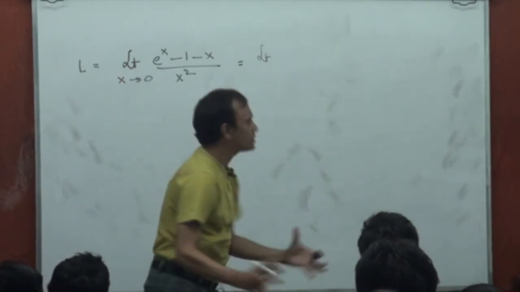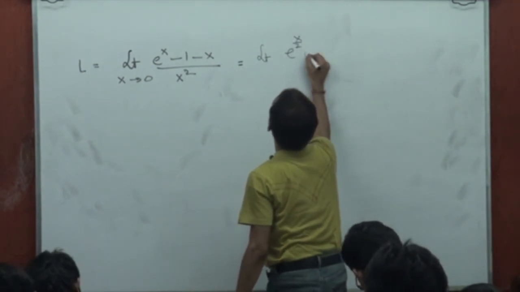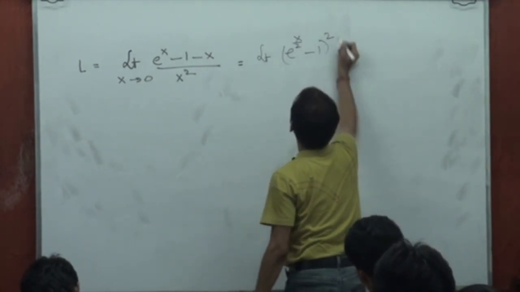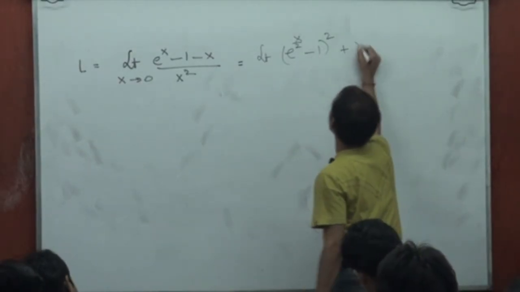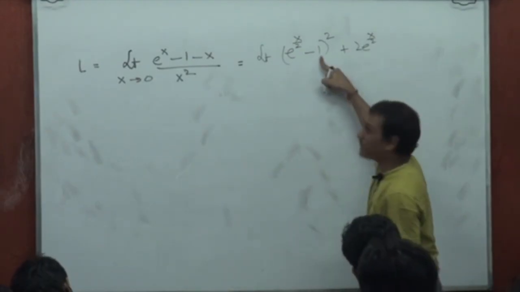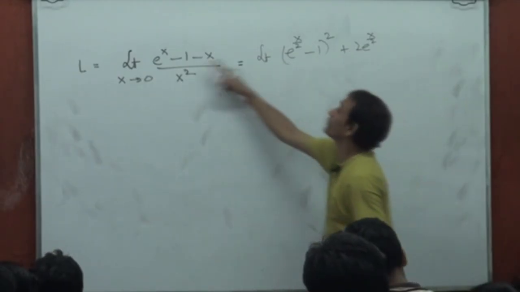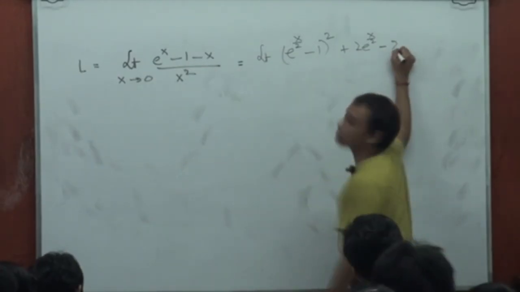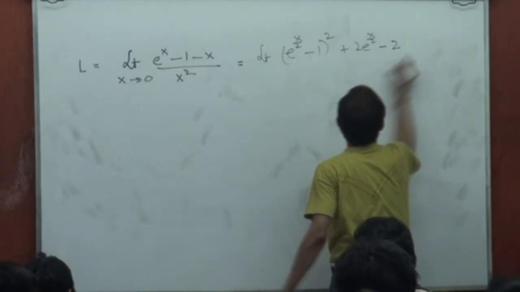So I force it in the numerator. So I write this as e power x by 2 minus 1 whole square. So then the middle term is what I brought from outside. So I adjust the middle term, which is like 2 e power x by 2, right? Then this plus 1, the last term, I add it, so I remove that 1. So that along with this will make it minus 2. And then there is a minus x sitting there neatly already.